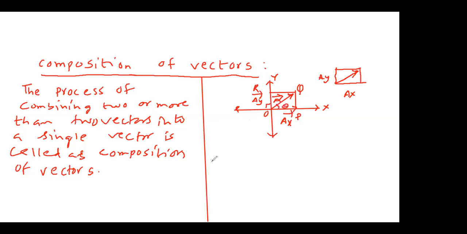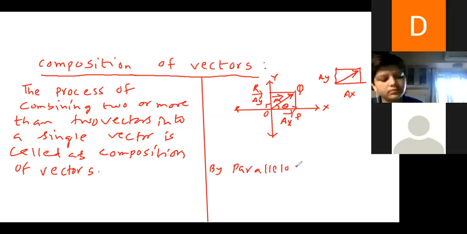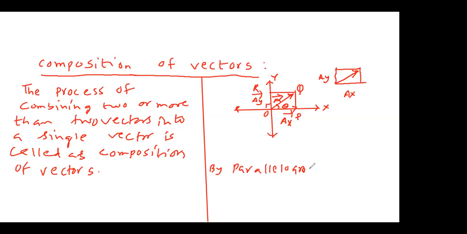Therefore, from the figure, by the parallelogram law of vector addition, we can say a bar equals ax bar plus ay bar. What we did now is combine two to make a single one. That single is called composition of vector.